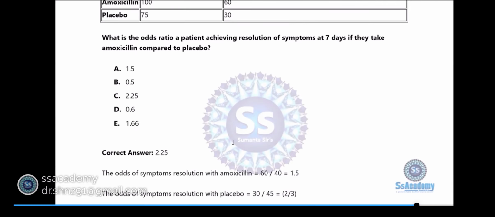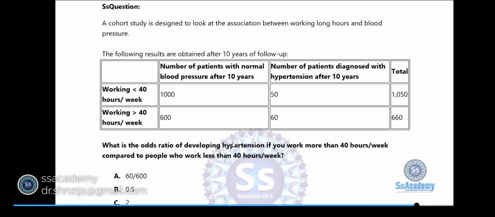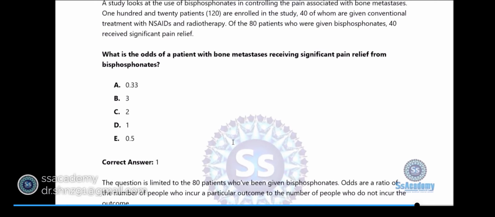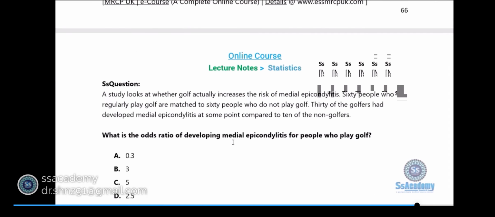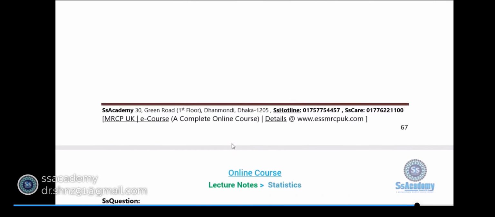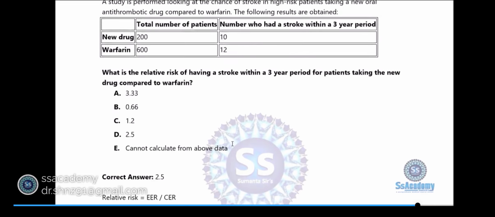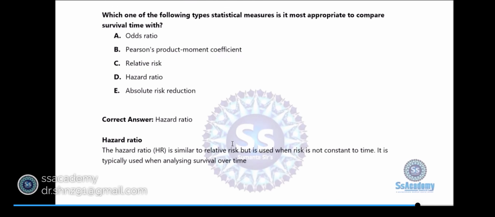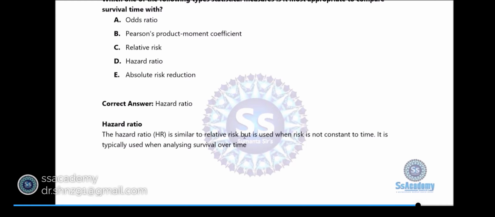And the questions, so that you can calculate the odds ratios, and also the hazard ratio, which is similar to the relative risk but used when the risk is not constant over time.